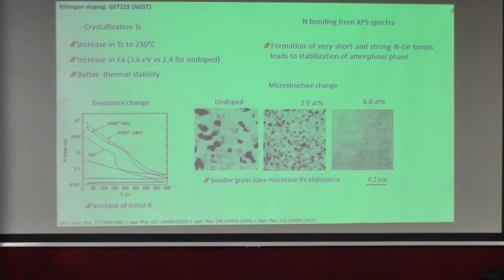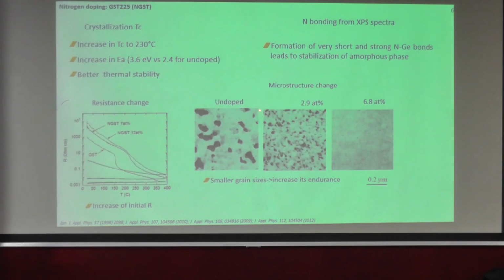It also changes the initial resistance of the doped material. If you introduce 12% or 7% of nitrogen into GST, we see between 1 or 2 orders of magnitude of resistance change, which, as I said, is good for reset operation.